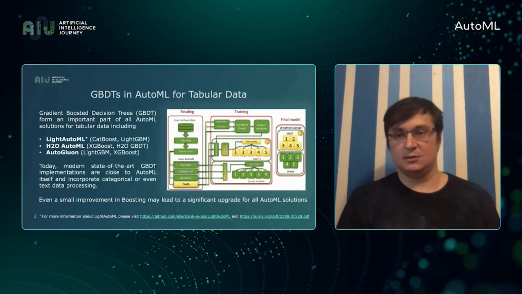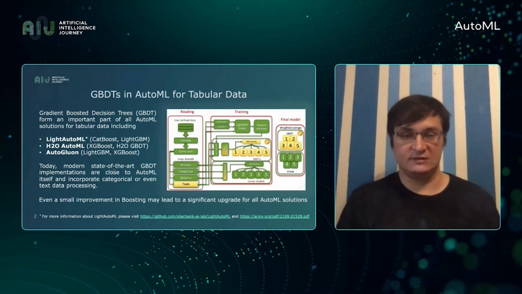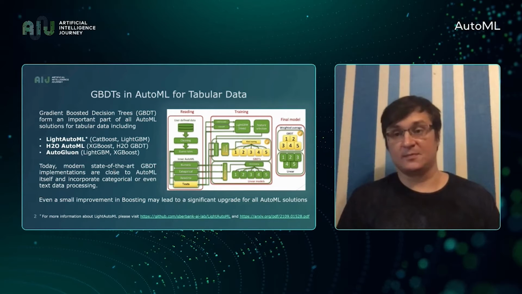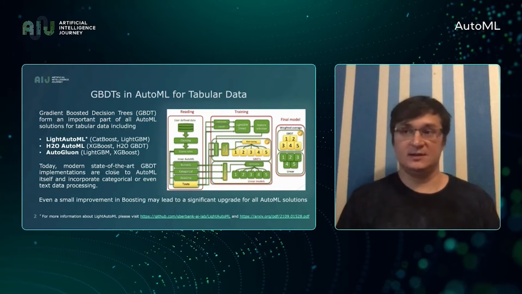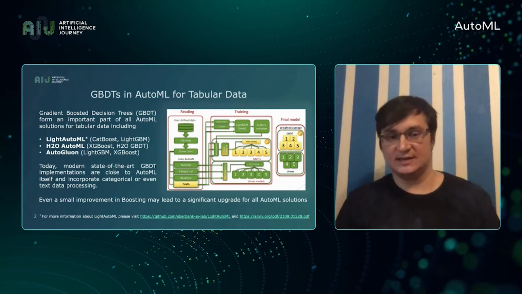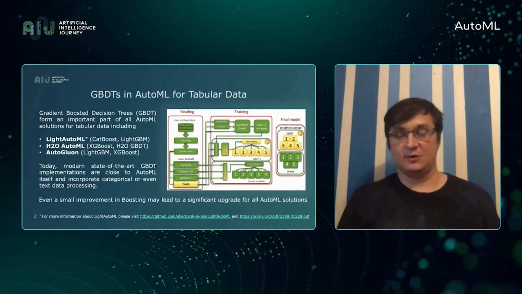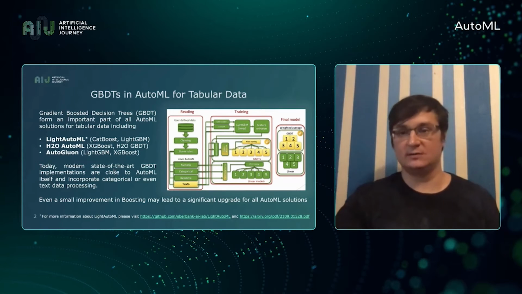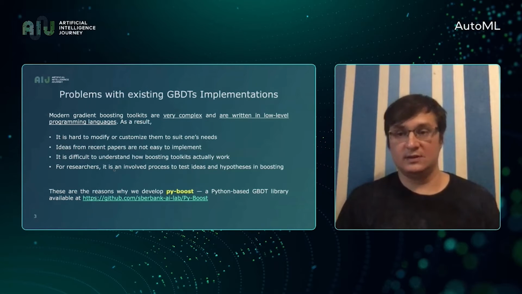That's why AutoML development should talk about optimization of data, matching attributes, and so on. Think, if we could improve boosting, we could improve the quality of every AutoML solution.